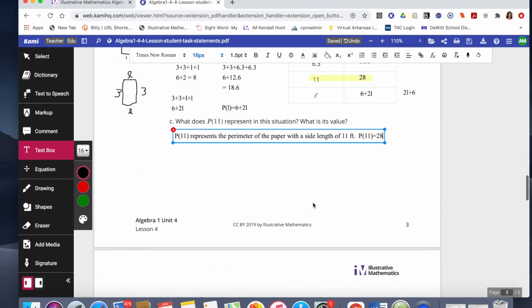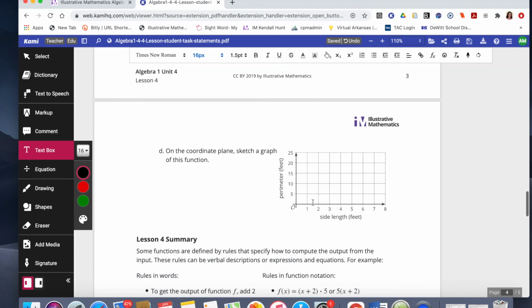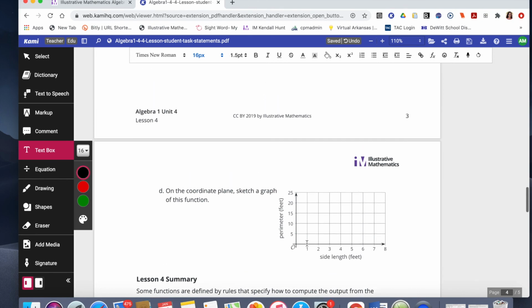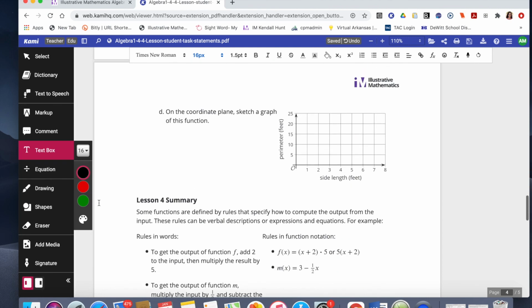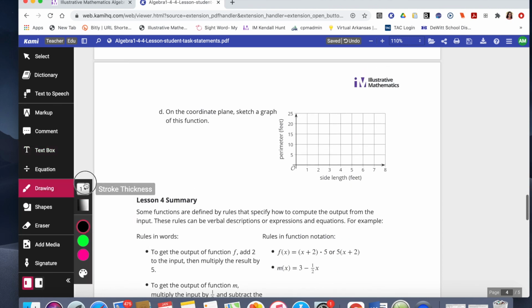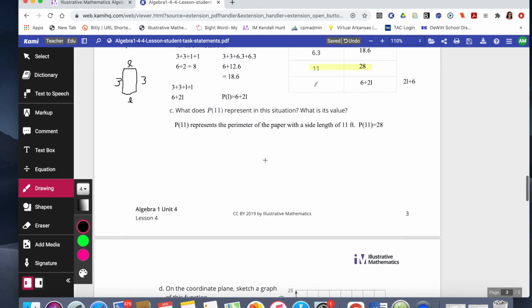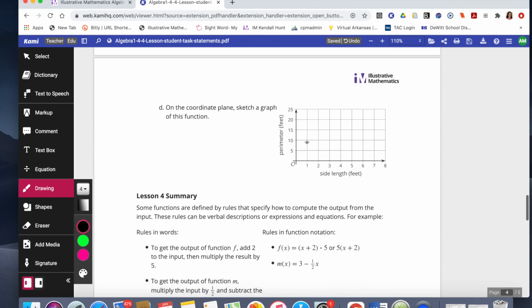Then we're going to graph it. So when the side length is 1, then our perimeter we saw was 8. So we need to go here and put an 8. So right there, somewhere close to that. Probably wasn't exactly spot on. When our side length is 2, our perimeter is 10.